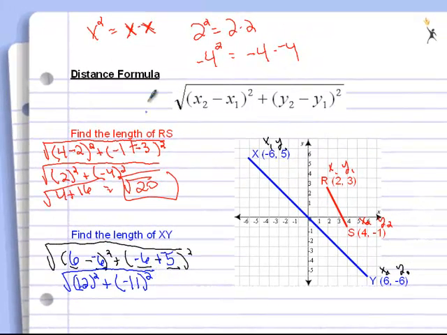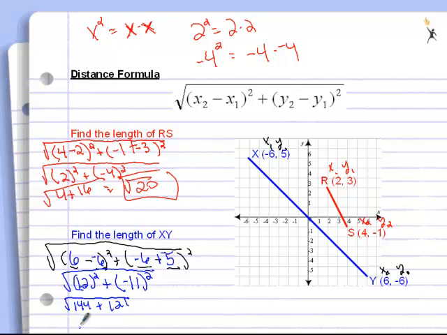Now, again, hopefully you remember that squaring something means multiply it by itself. So 12 squared is 12 times 12, which is 144. Negative 11 squared is negative 11 times negative 11, which is 121.